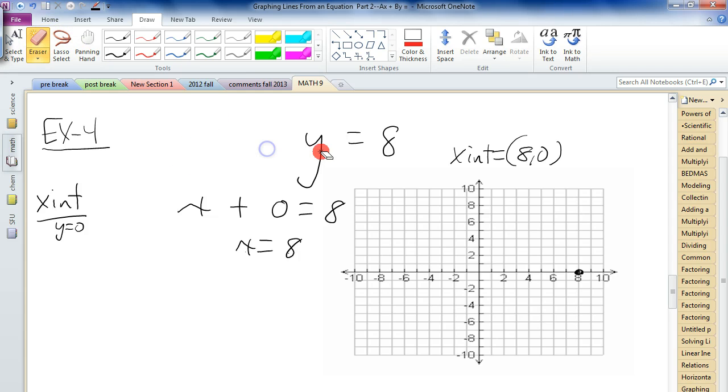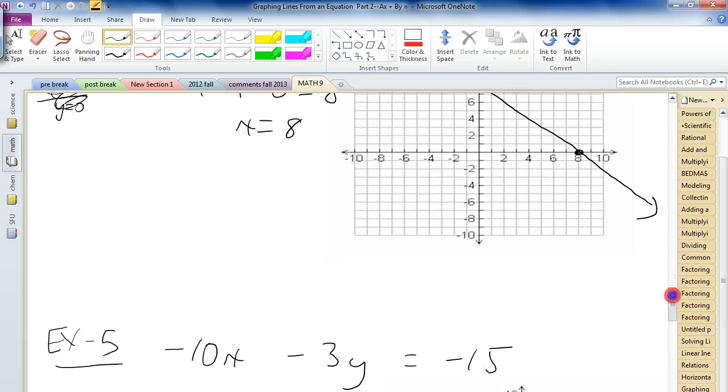What am I left with? Y equals 8. So the y-intercept is 0, 8. Because remember, the y-intercept is where x is equal to 0. So 0, 8, and we can graph that line there. Done. See how fast this is?